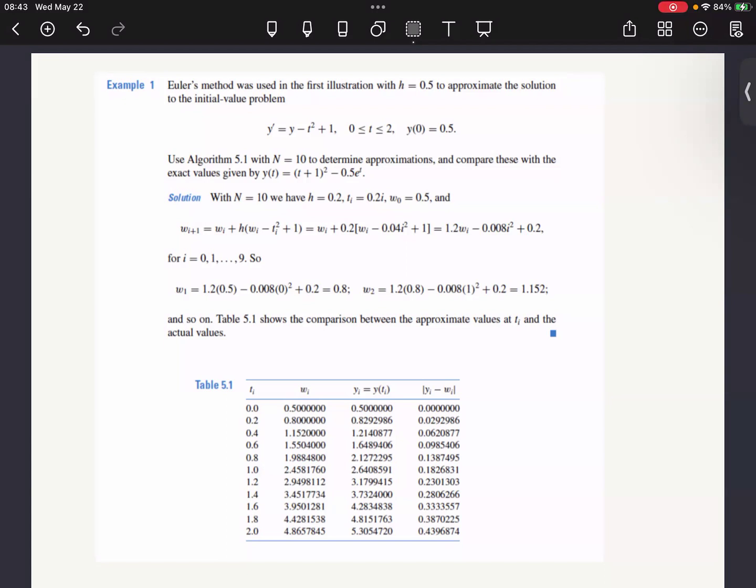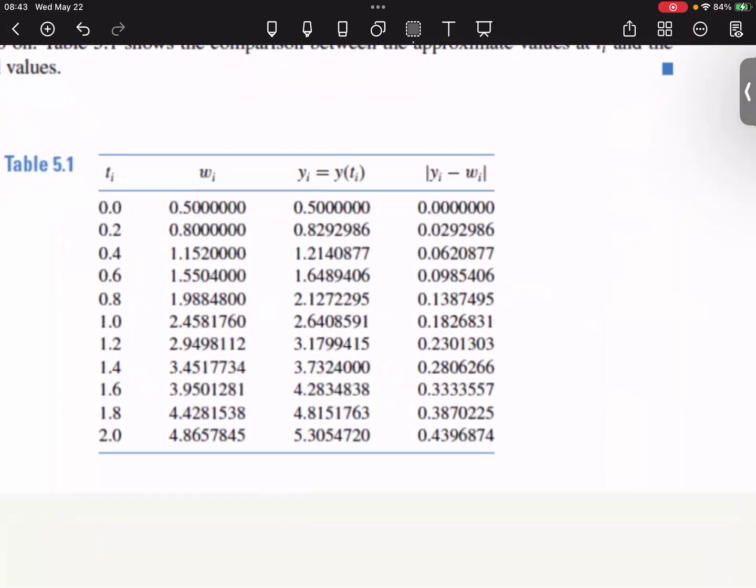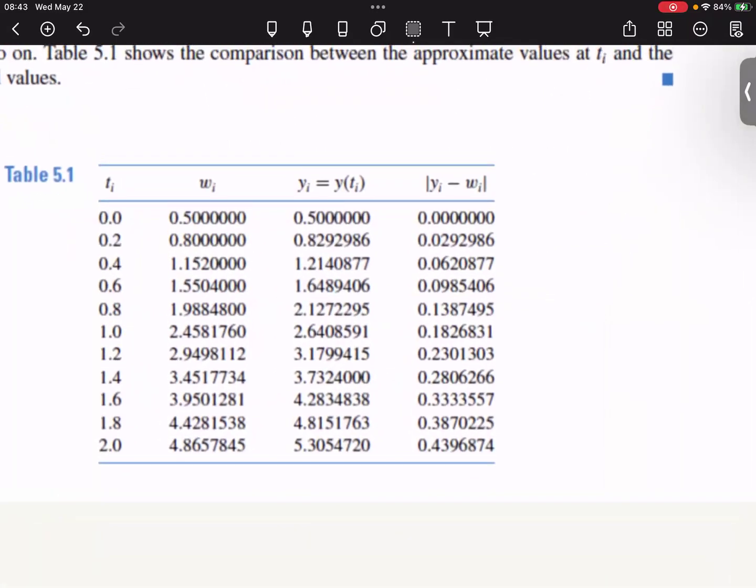This is the true solution, the value at the nodal points, time t_i. This is the true solution, and these are the errors. Now I will give you like 2 minutes to observe the values here. Could you tell me something about the error?